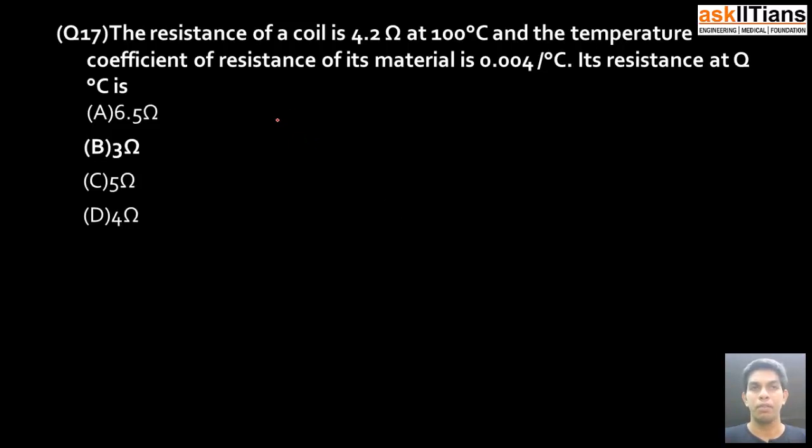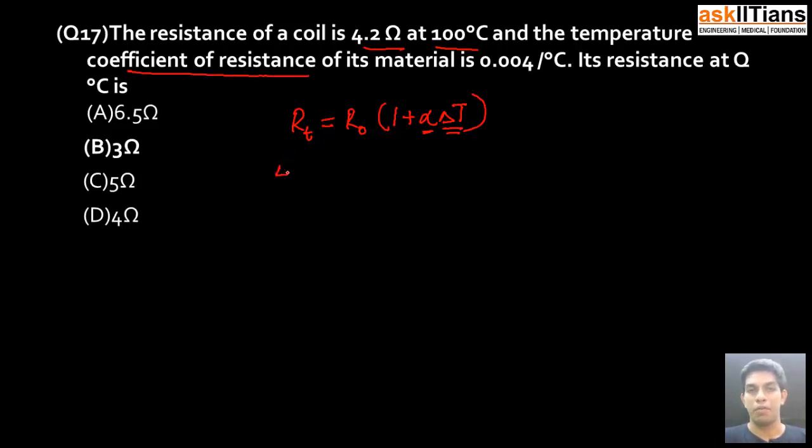It says the resistance of a coil is 4.2 ohm at 100 degrees Celsius, and the temperature coefficient of resistance of its material is 0.004 per degree Celsius. Its resistance at 0 degrees Celsius is, so we know that RT, the resistance at a particular temperature, is equal to R naught times 1 plus alpha del T, del T denoting the change in temperature, and alpha the coefficient of resistance.